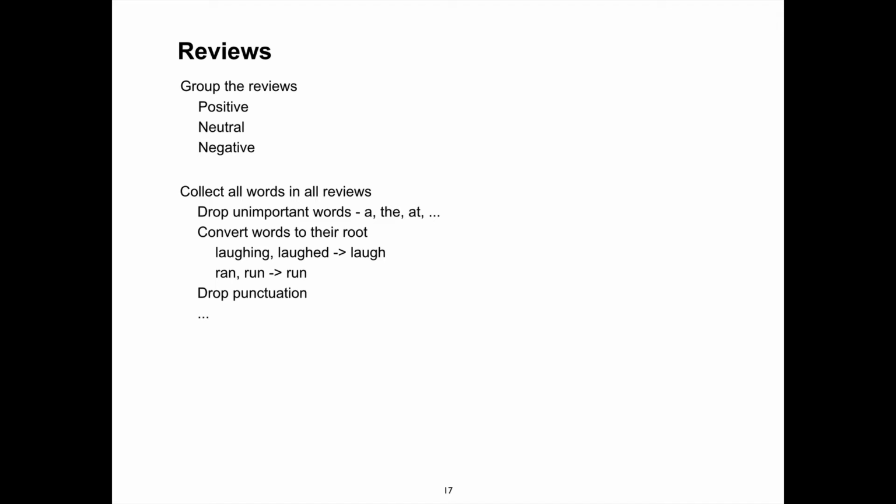And there's various algorithms to try and determine what is the root word of an individual word. And there's a bunch of other processing we can do to process our text. And then we can order the remaining words, and we can then use it to vectorize each of our reviews.